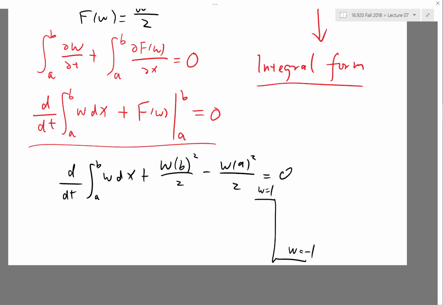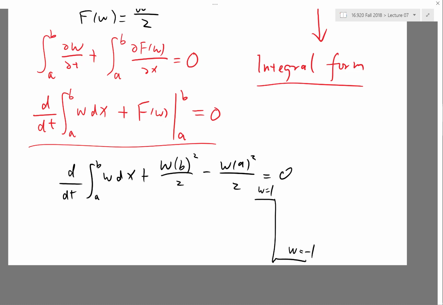So if you take any interval a and b, what is w at b squared over 2 minus w at a squared over 2? It's 0, right? So now over any interval a and b, what is the derivative in time of the integral of w over that interval? 0, right? So that means if you look at any interval, the total w in that interval would never change.